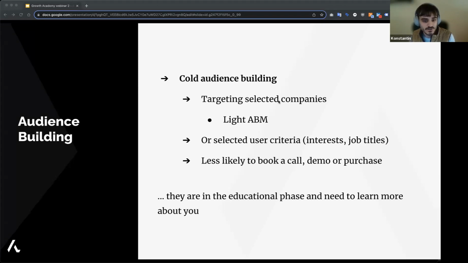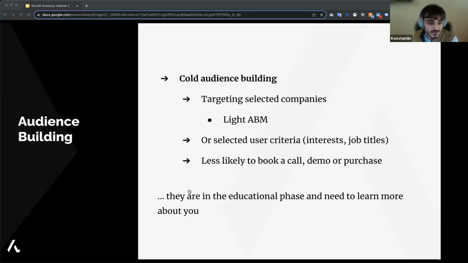So they're in the educational phase and they would like to learn more about your business. And by targeting these companies, you can also target them with specific interests, which are in your ideal customer profile, and also job titles. So interests, job titles, and specific companies can be a really powerful tool for you, and you can use that tool thanks to all those social platforms that we have available for us.